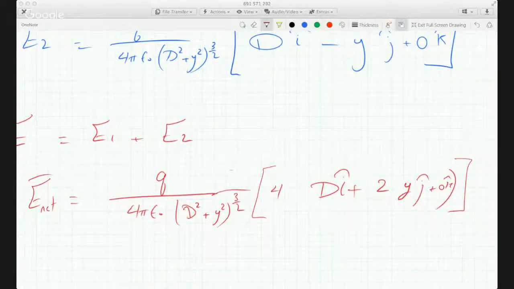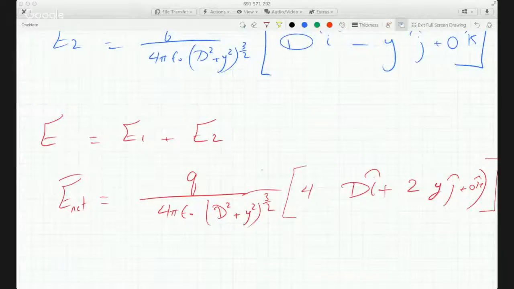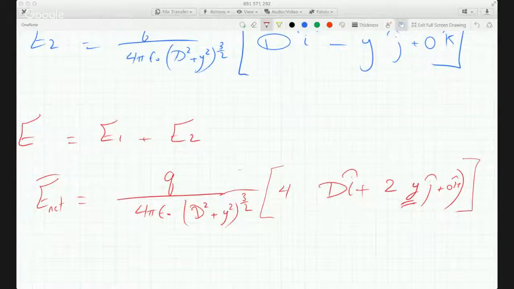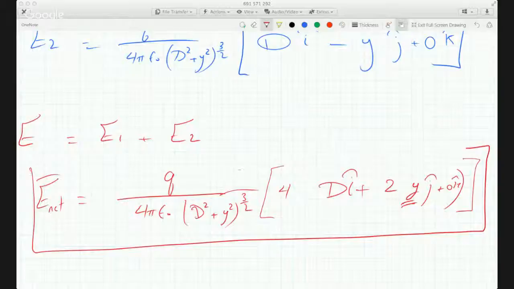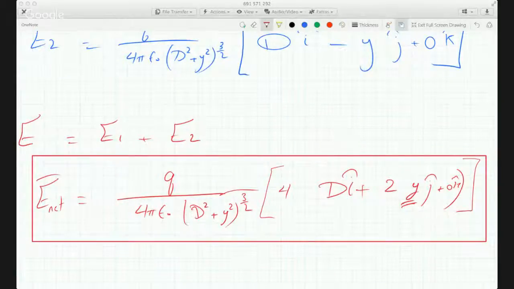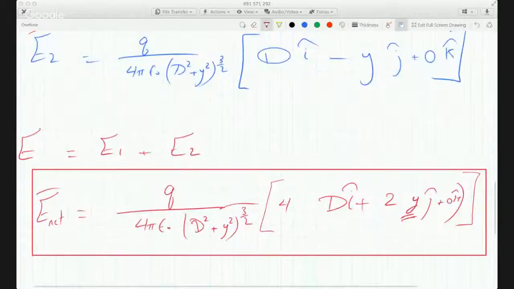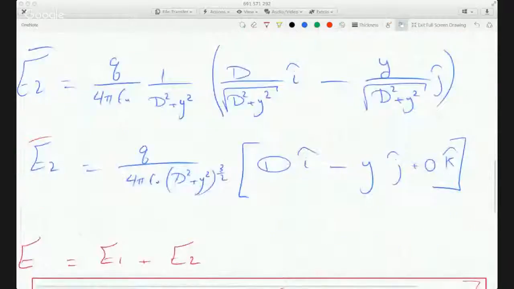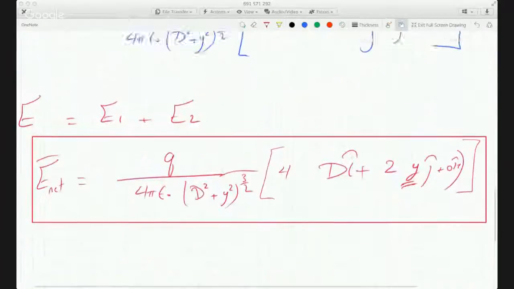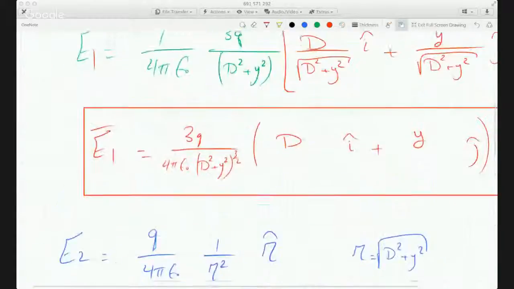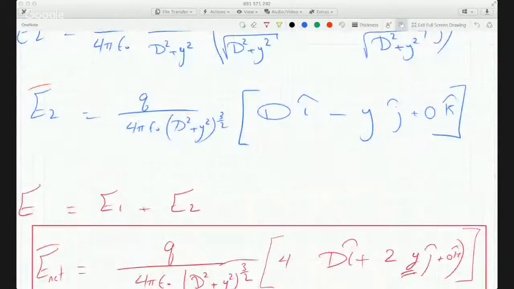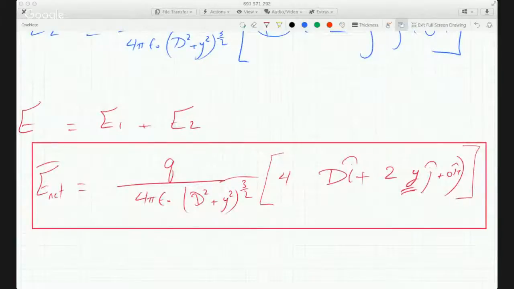So this is the expression for the electric field for points on the y-axis. Of course, it has a y dependence because of this. So that's what the question is asking for. Because did we add this right? Yeah, we have 3QD and we have QD, so that's 4QD. Okay, and then the y component is 3QY minus QY, so 2QY.